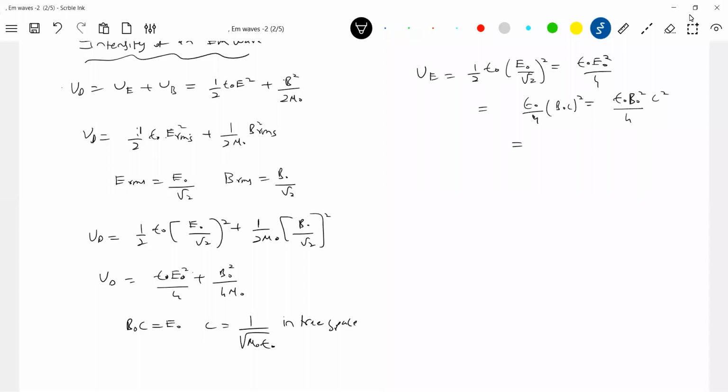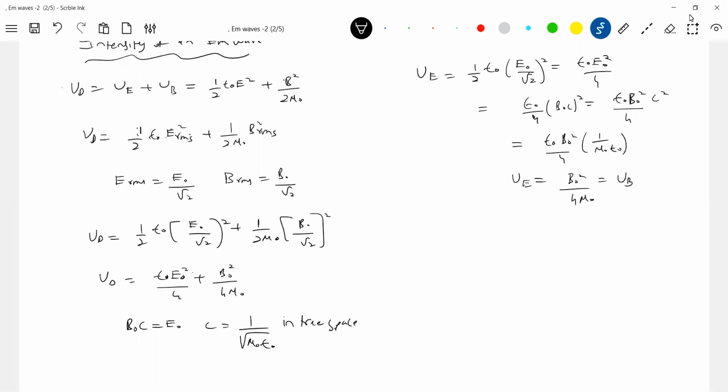What is C square? You can write it as 1 by mu naught epsilon naught. So it is equal to the energy density of the magnetic field only.